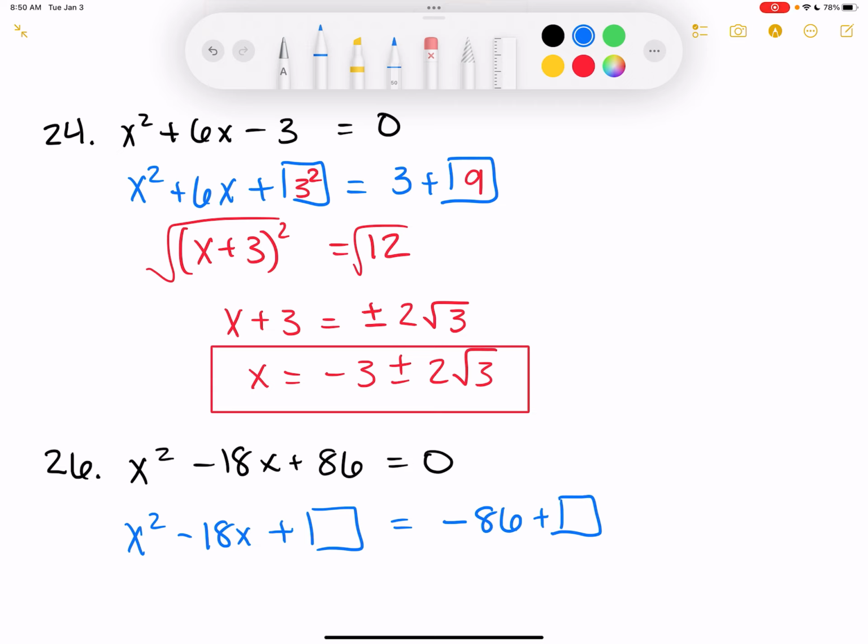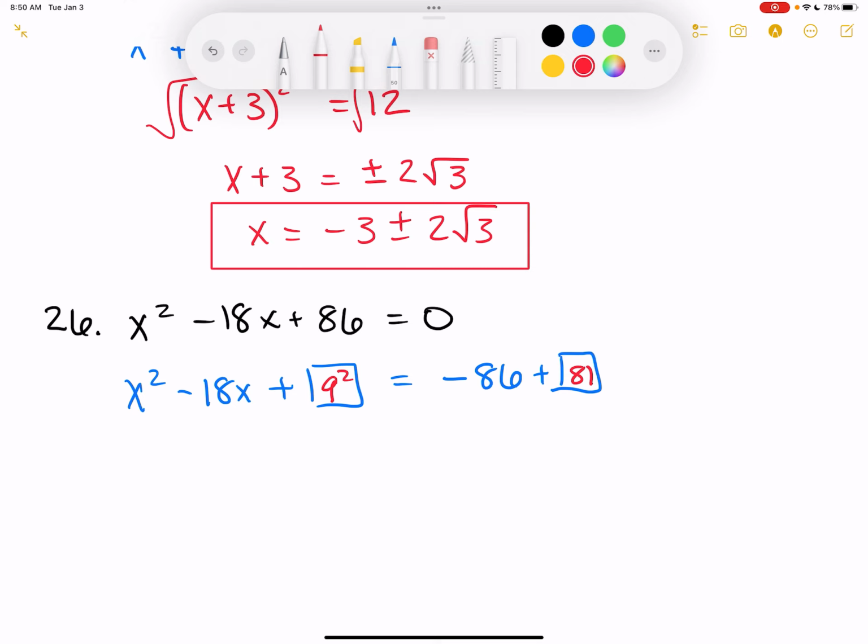So what would go in the box? 9 squared, which then is 81. So what does that factor into on the left? x minus 9 squared is equal to negative 5.